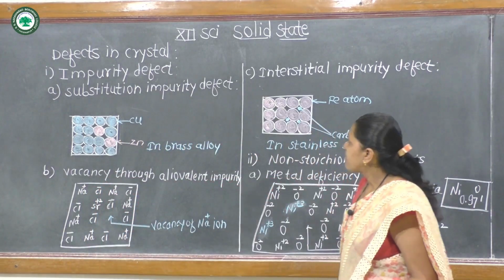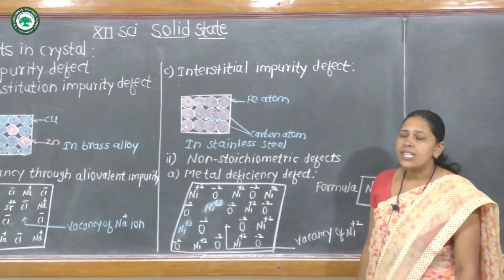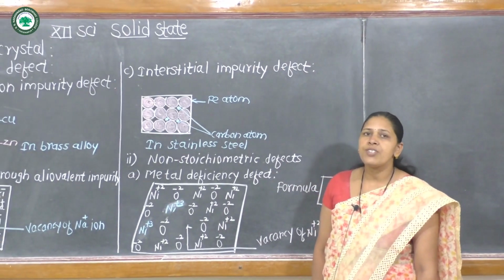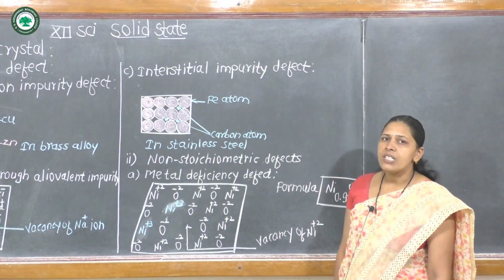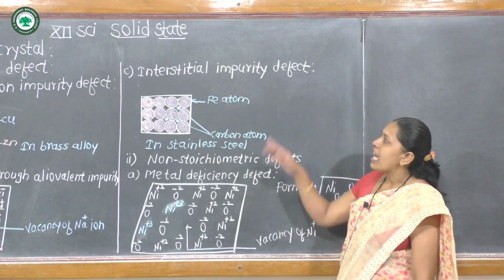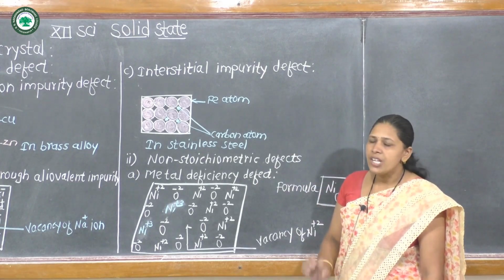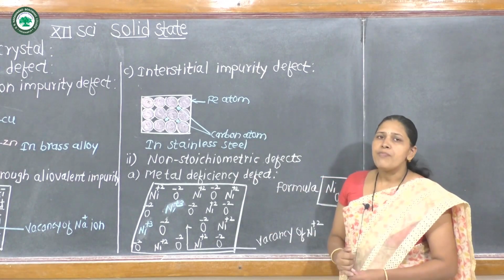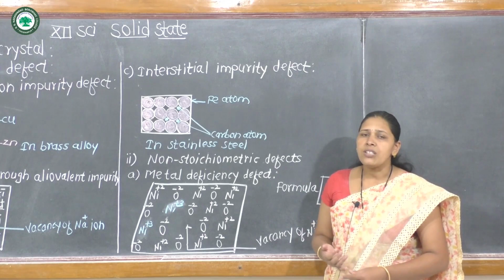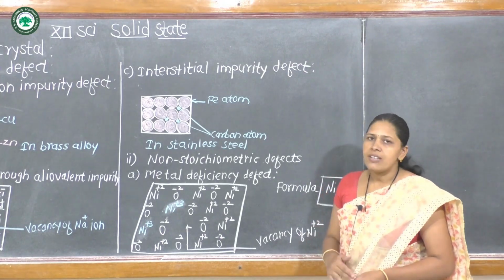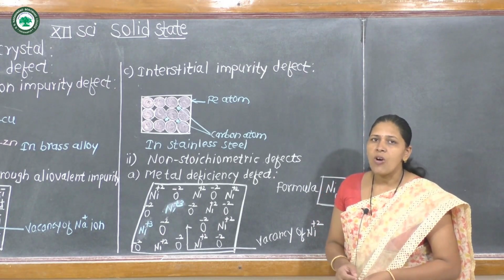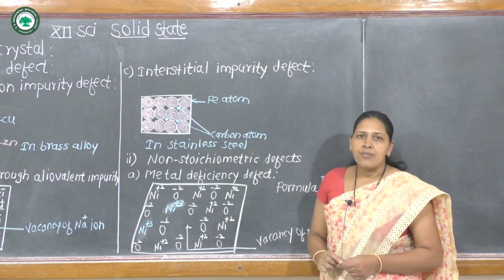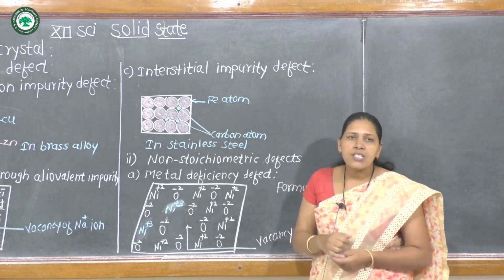Then next, these are the three impurity defects. First one is substitution impurity defect, second one is vacancy through aliovalent impurity, and third one is interstitial impurity defect. Interstitial impurity defect is introduced in the alloy of iron to modify properties of iron due to addition of carbon atoms, which occupy interstitial positions.